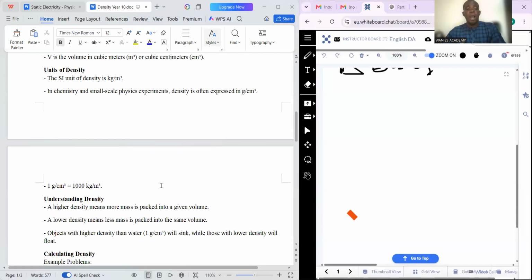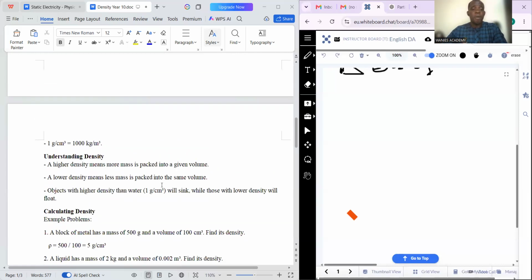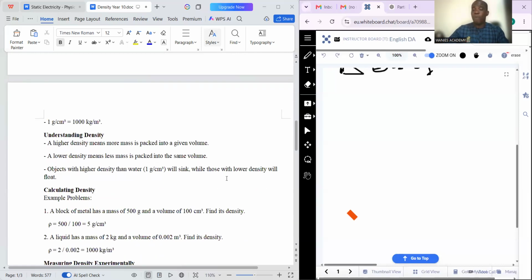Now we have the first example. A block of metal has a mass of 500 grams and a volume of 100 centimeter cube. Find its density. Recall that density is mass over volume.